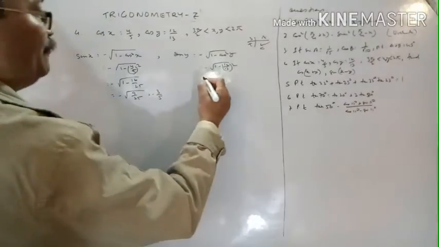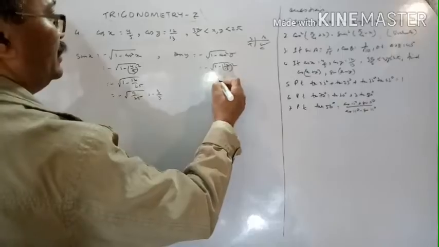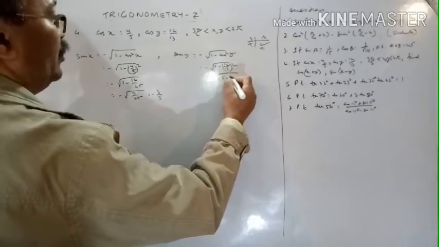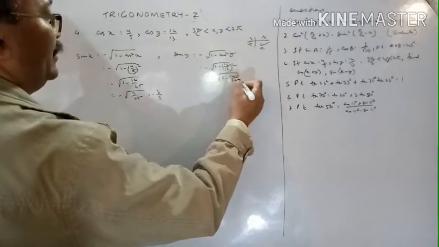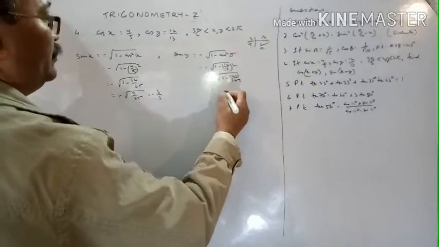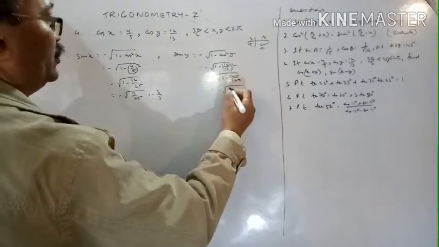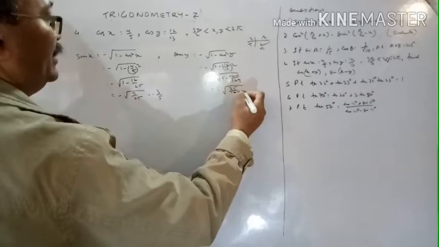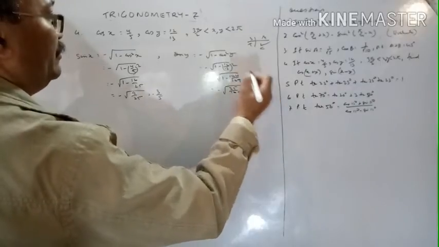Here, minus root of 1 minus 144 by 169, if you take LCM you get 169 minus 144 is 25 by 169, that is minus 5 by 13.